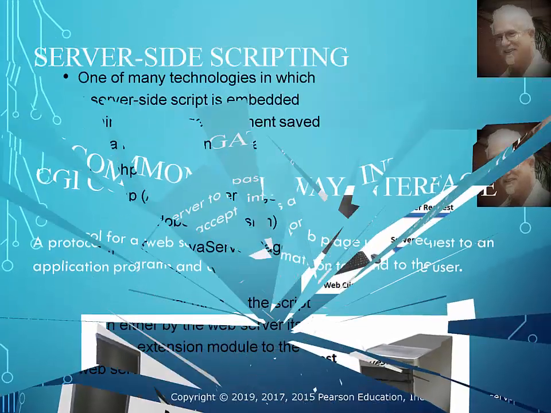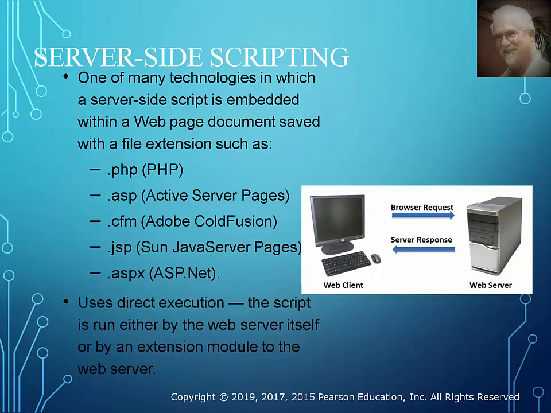Just a server-side processing language. It could be, again, I mentioned PHP, ASP, CFM, which is ColdFusion, JSP or ASPX. All of these are different file types and different server-side processing possibilities.